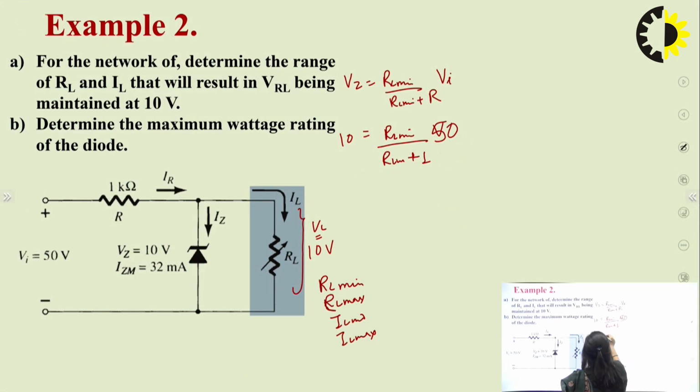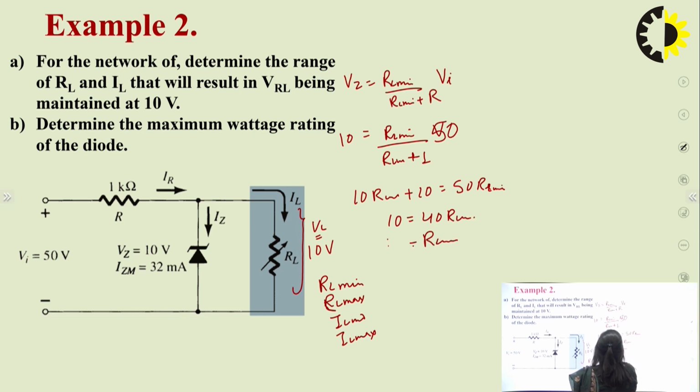By solving this, 10 RL minimum plus 10 is equal to 50 RL minimum. So 10 is equal to 40 RL minimum. So RL minimum is equal to 10 by 40 kilo ohm. So this much RL minimum is required in this case.